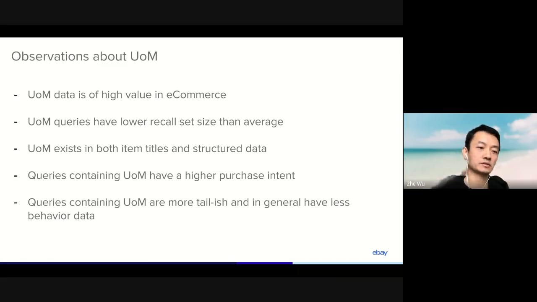If you think about these two queries, the latter one definitely has a higher purchase intent. However, queries containing UOM are more tail-ish. They don't show up that frequently compared to more head-ish queries. So in general, queries containing UOM tend to have less behavior data, less user logs.